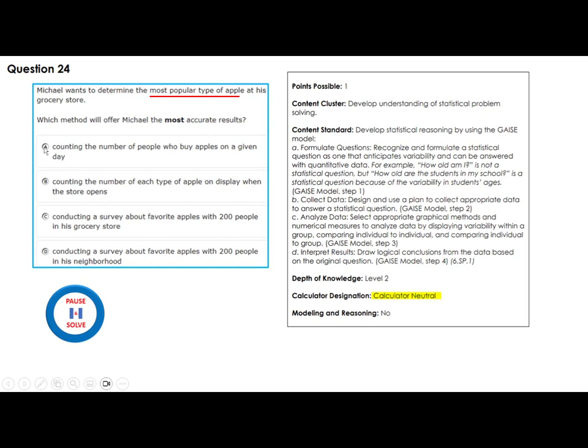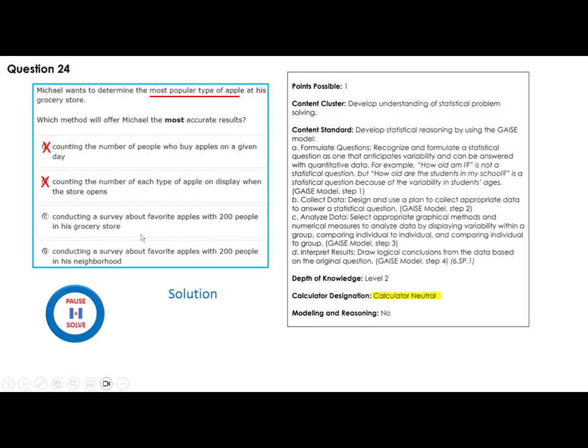So it doesn't work. Counting the number of each type of apple on display when the store opens. What does this have to do with the most popular type of apple? Nothing.